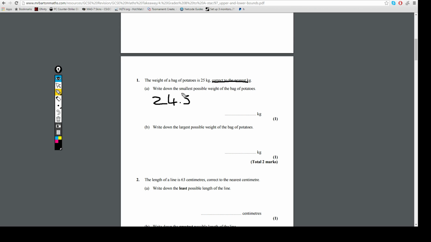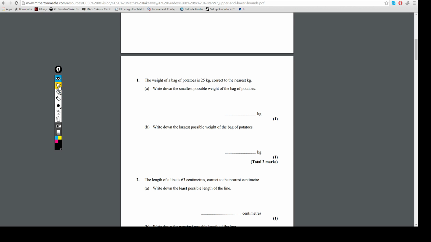But because it's correct to the nearest kilogram, 24.5 you would round up to 25, and that's how you would do the question. It's a pretty simple concept, really. So that'll be 24.5 kilograms, and that is the smallest possible weight of the bag of potatoes.